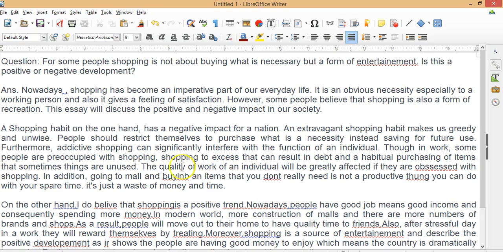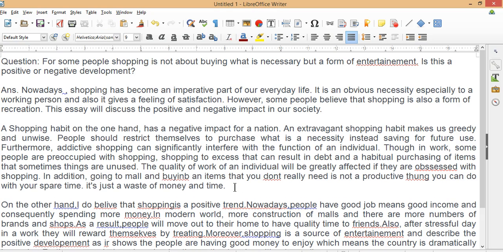The quality of work, I'm not sure what this has to do with it. So there's a lot of repetition. You've more or less said the same thing 3, maybe 4 different ways. Now, the only thing that we have that is new is talking about it's a waste of time. So as a paragraph, that's not very good.